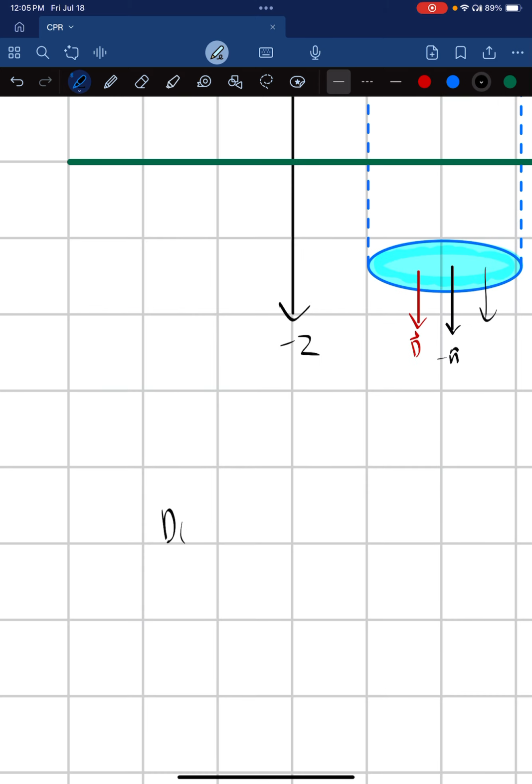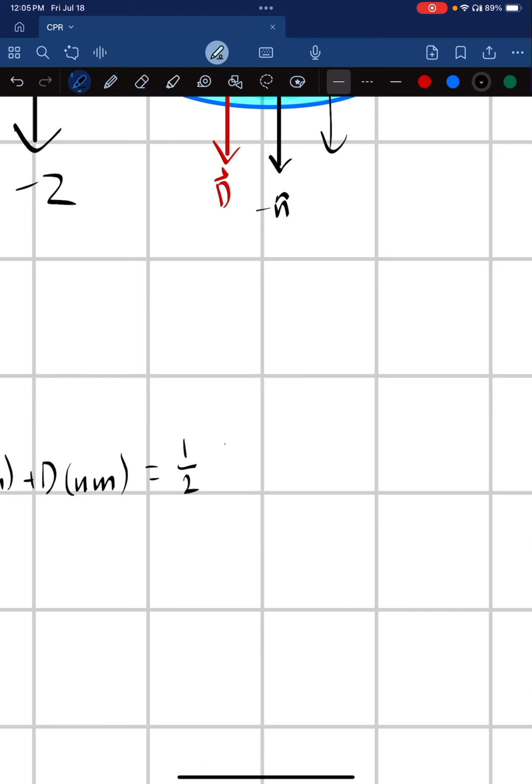So D of 1 meter plus D of 2 meters plus D of nth meters is equal to 1/2 the rho sub s of 1 meter plus rho sub s of 2 meters plus rho sub s to the nth meter.